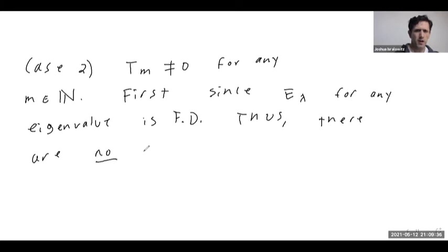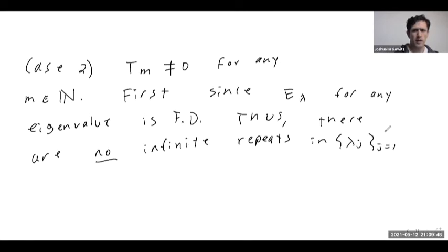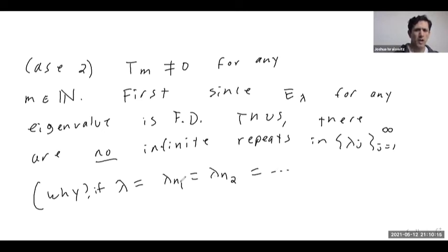That means that there are no infinite repeats in the collection of these eigenvalues lambda_j, j equals 1 to infinity. Why is that? Assume there is an infinite repeat. So we have a subsequence n1, n2, where lambda_{n1} equals lambda_{n2}, et cetera.